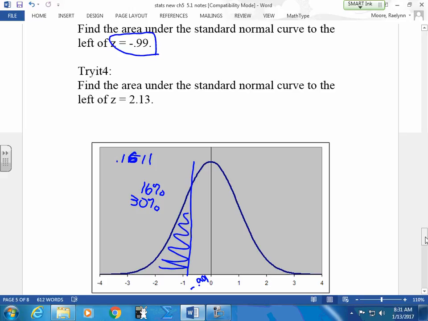You can use this curve, because it's the opposite side. I want you to get used to looking at these. Well, you want area to the left, so you want to shade this. We want area to the left.